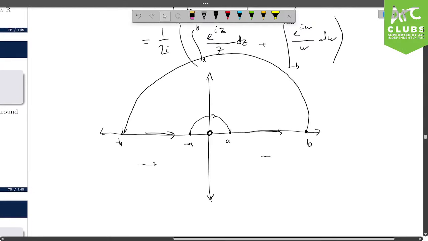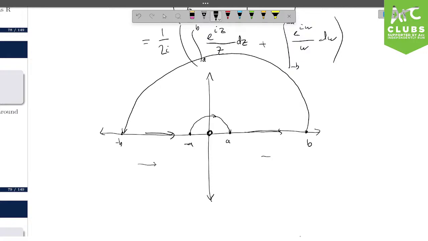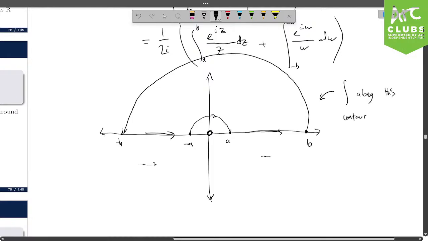And we know that because our function is holomorphic along this big contour and inside that contour, then the integral along this contour has to be equal to 0 via Cauchy-Goursat, right?